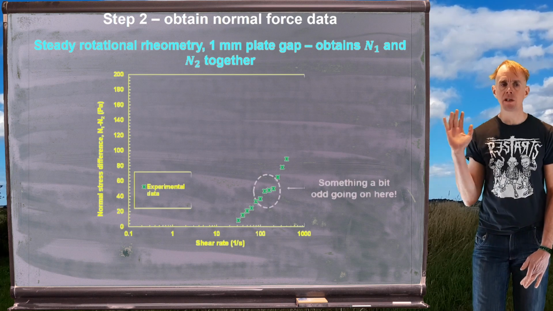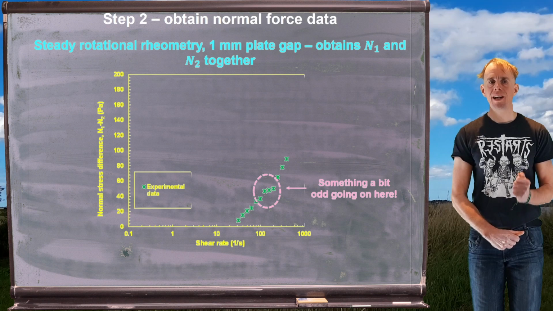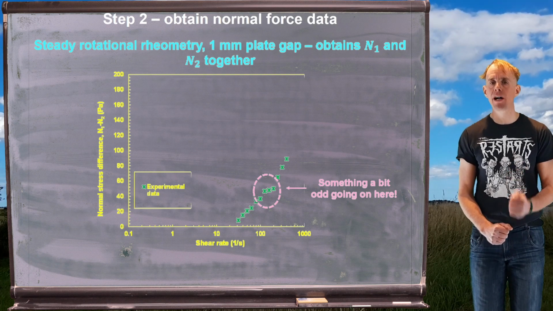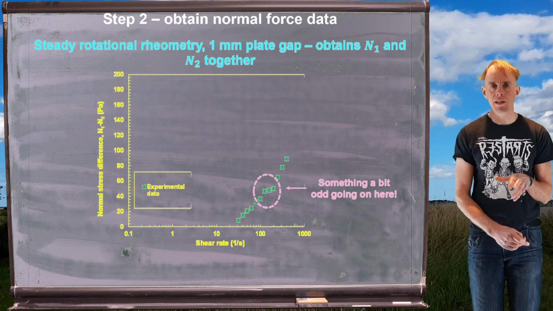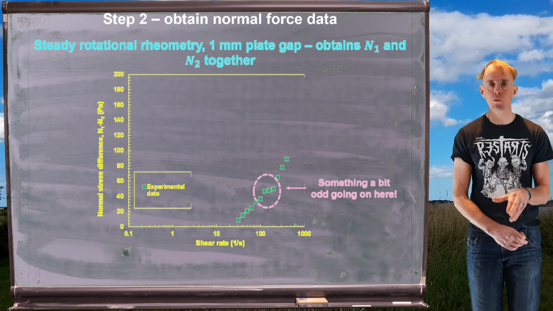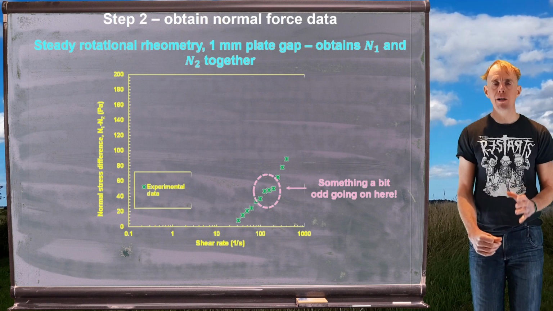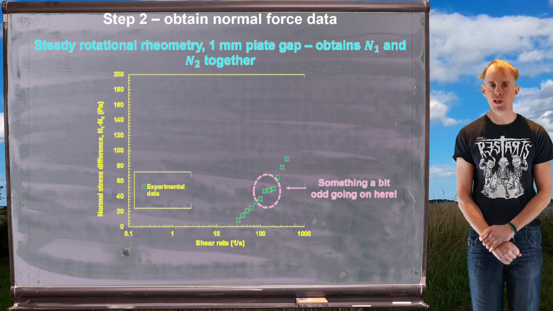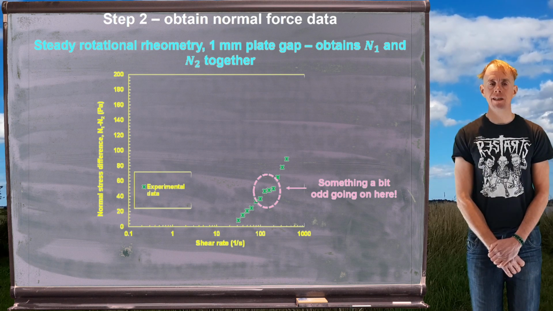So there on the board I've plotted a normal stress difference. And what I'm plotting there is N1 minus N2, which is the data that you get if you analyse the normal force thrust, or the normal thrust that you get from a Bolin rheometer. So N1 minus N2 is what I'm plotting as a function of shear rate, and the green crosses there show the experimental data that I've obtained.